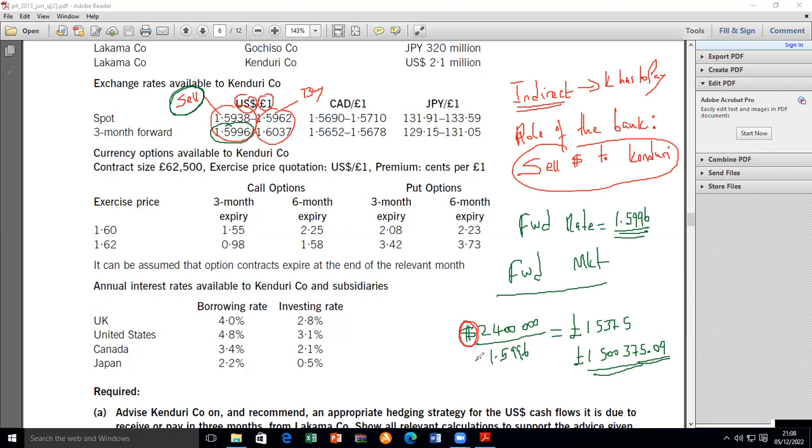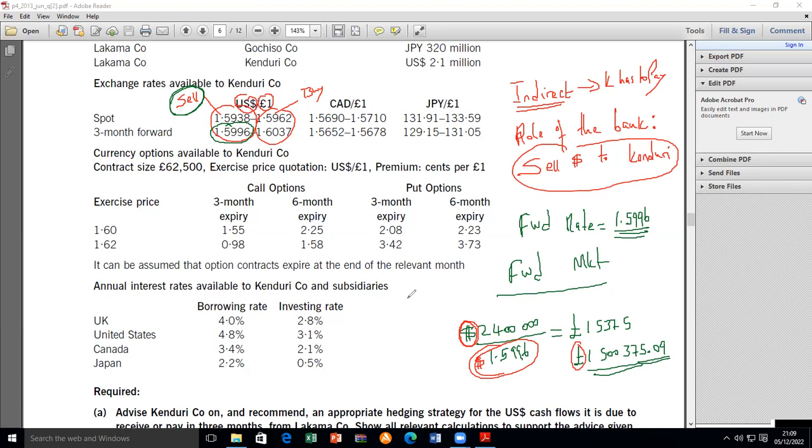Now, the rate is per single pound. So when you divide it there, what do you get? You get the pounds. Is that okay, Mr. Kunguru? Yes.